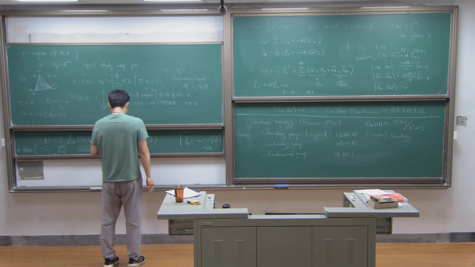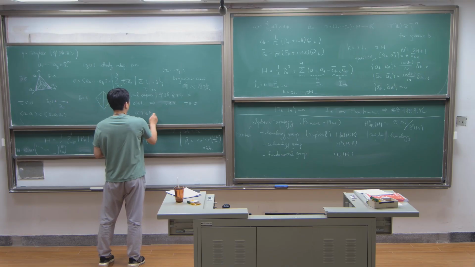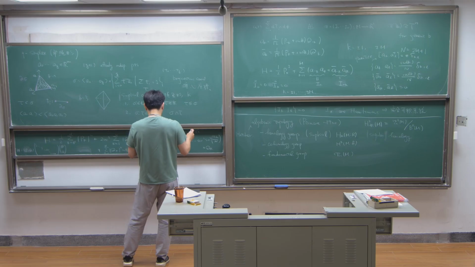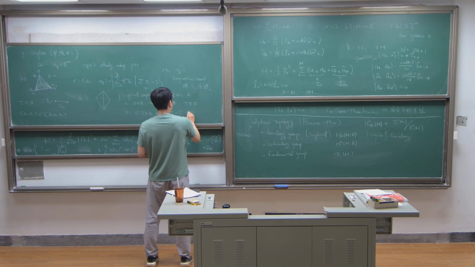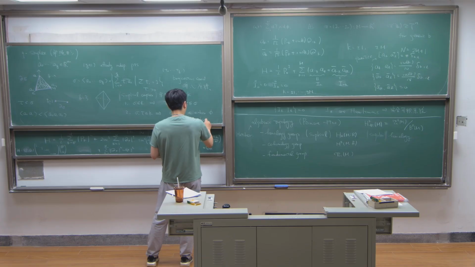Number two is that the intersection of sigma and tau is either empty or a face of sigma.